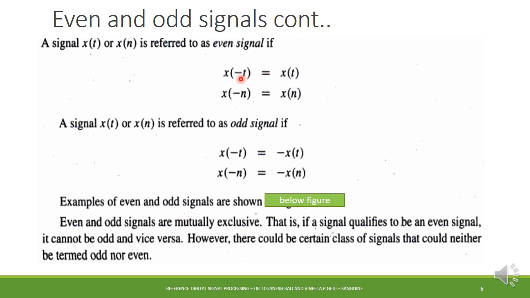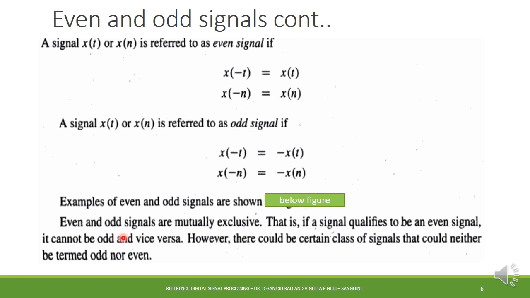If x of minus t is equal to x of t or x of minus n is equal to x of n, then this x of t and x of n are called the even signal. If x of minus t is equal to minus x of t and x of minus n is equal to minus x of n, then x of t or the x of n is called the odd signal.